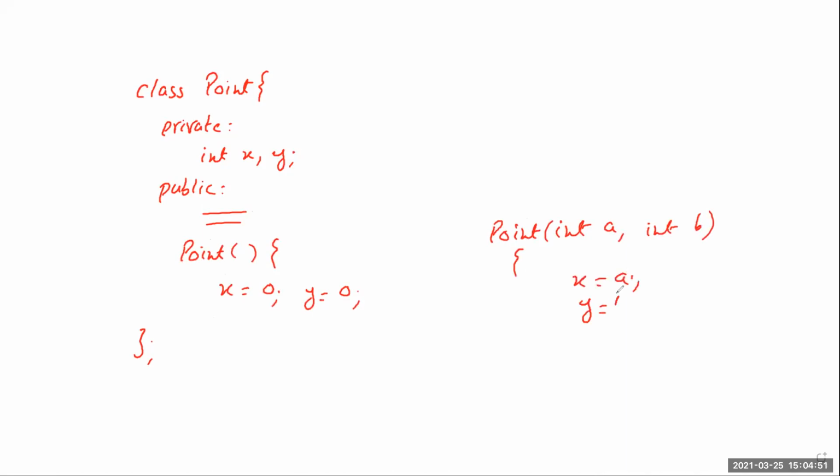X gets a value A, Y gets a value B. Okay, so you see, constructor is something that is so frequent, although it is not a compulsion that you must make a constructor, but naturally, whenever you write a class, you will always be making a constructor, right? Because we always need a mechanism through which we can assign values to our data members, right?